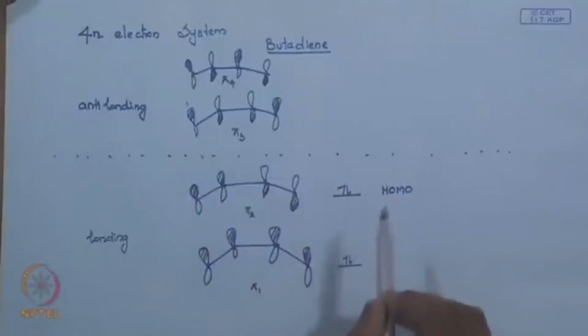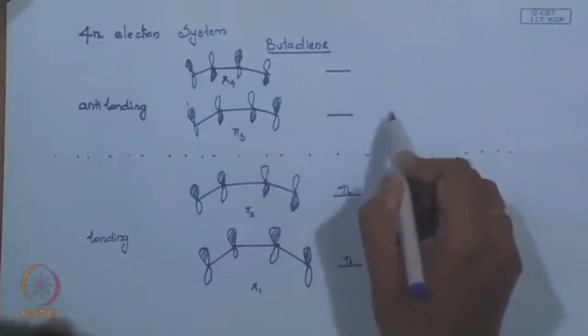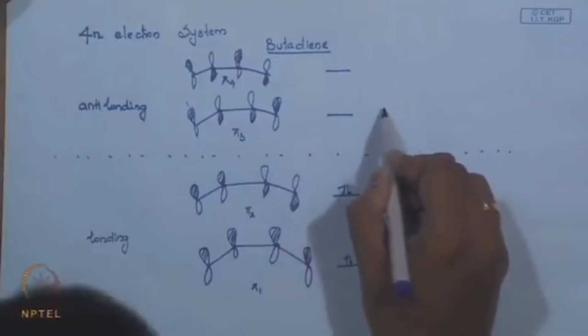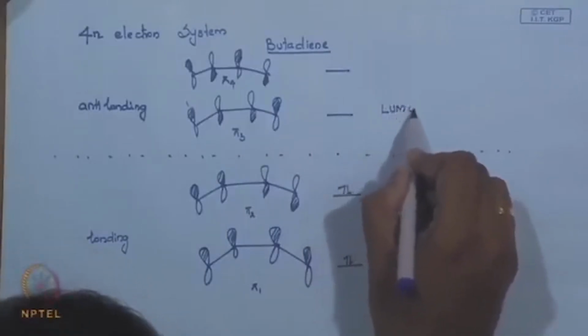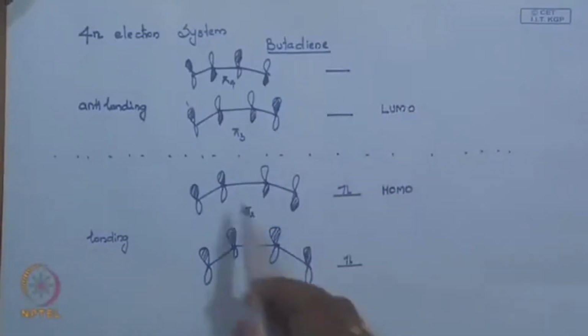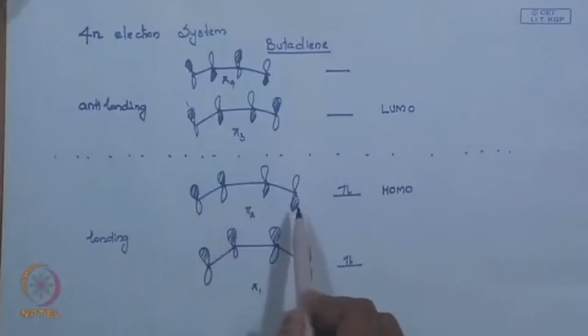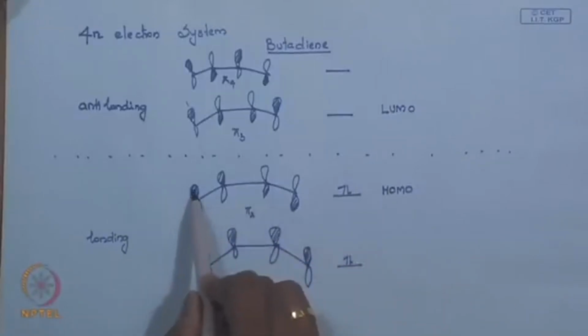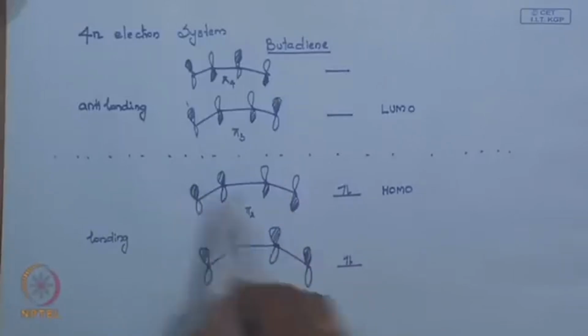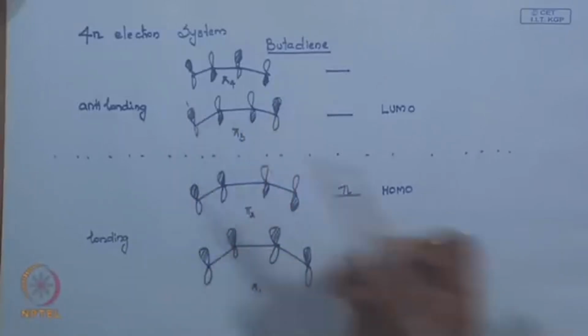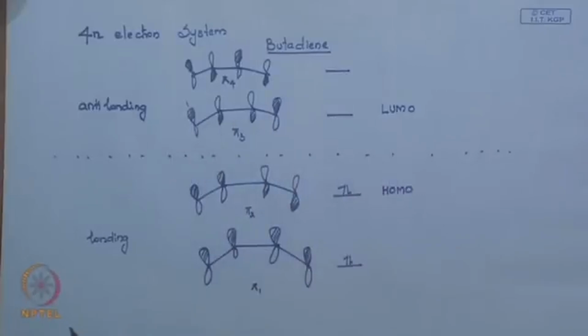But once I start talking about photochemical conditions, then your pi 3, that is the LUMO, should come into the picture. So, this thing you have to remember. In the HOMO case, the last two are opposite and the others will be the same. So, this part you have to remember. Keeping this in mind, now we will see how the reaction works in butadiene.